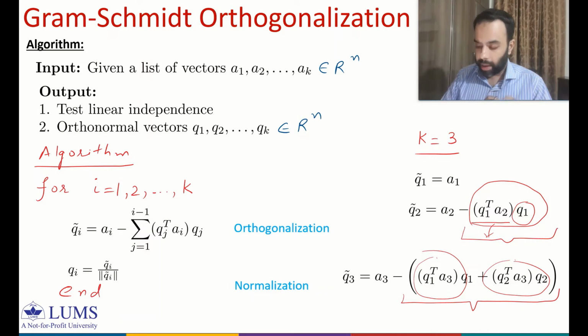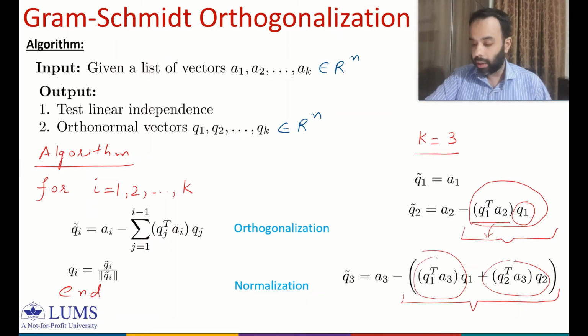When we divide Q3 tilde by its norm, we get Q3. After running these three steps, you get Q1, Q2, Q3 that are orthonormal to each other. But you will only get Q1, Q2, Q3 if A1, A2, A3 are linearly independent.